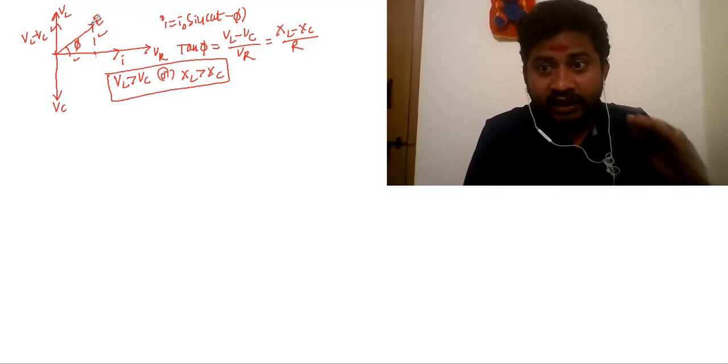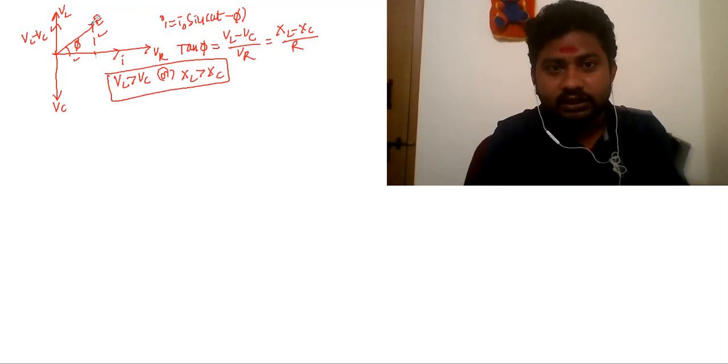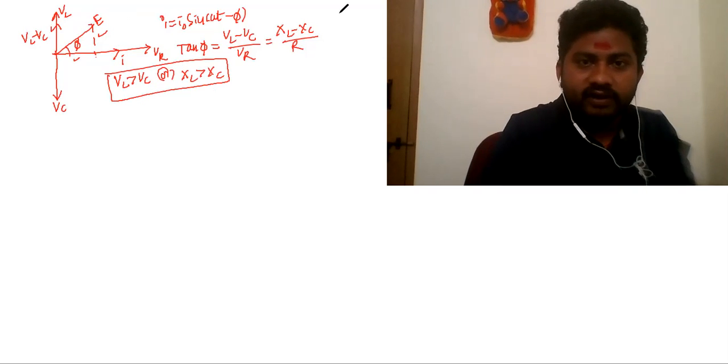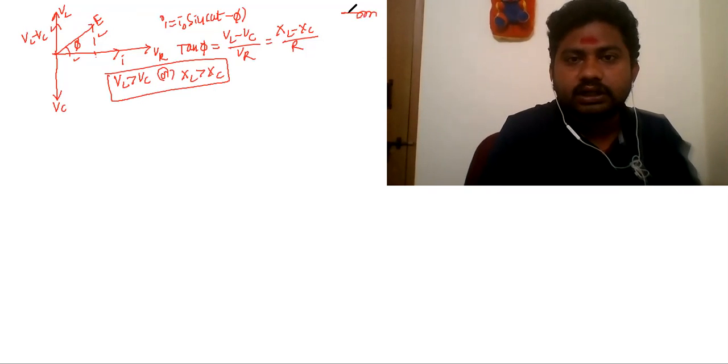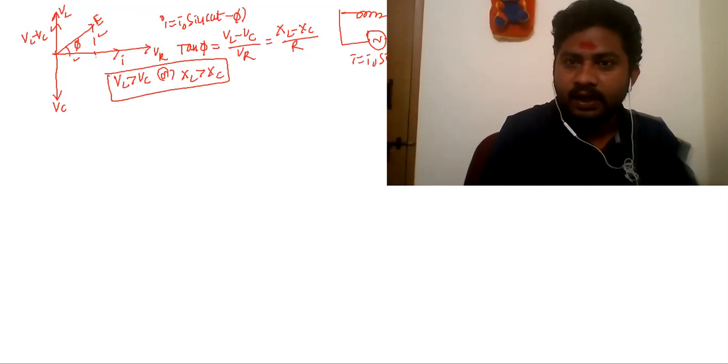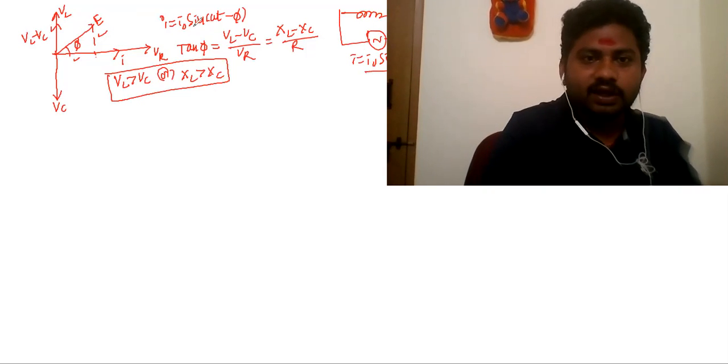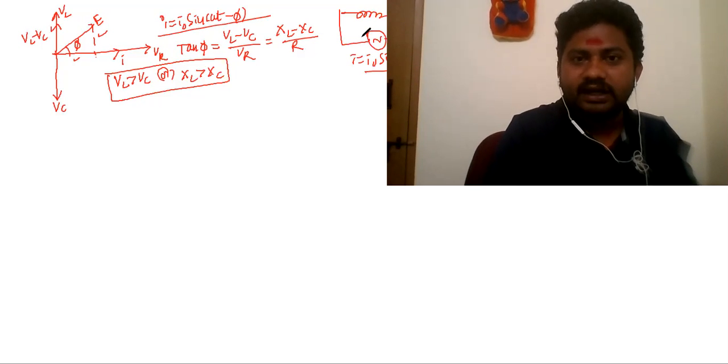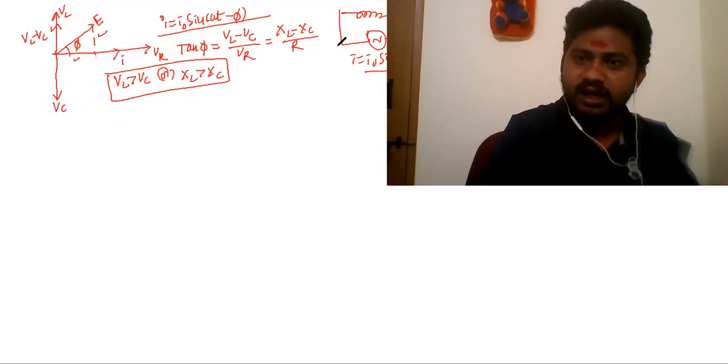When an AC source is connected to an inductor, I'll just revise, you get I equal to I naught sine omega t minus pi by 2. Yes or no? Here also current is lagging. When you take an inductive dominated circuit, current will be lagging the EMF.